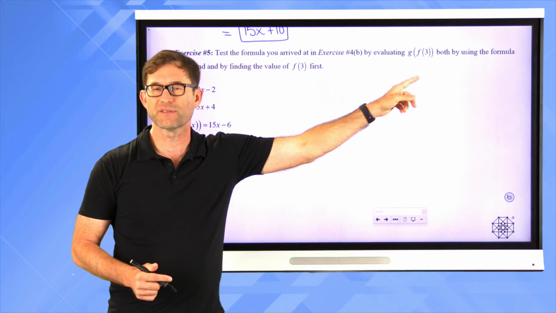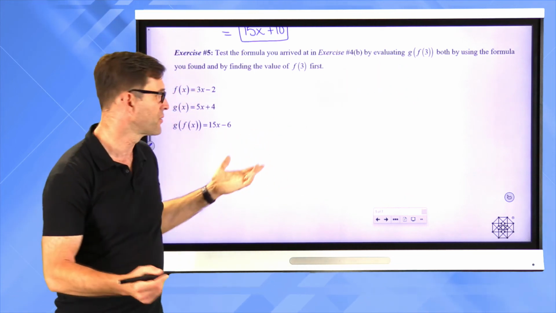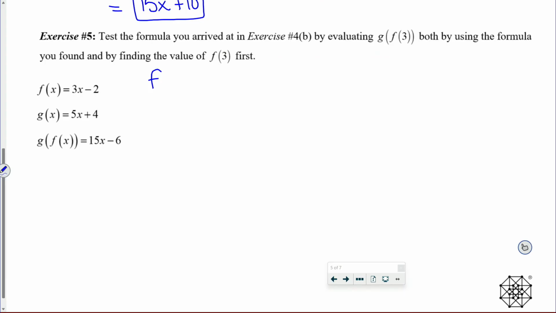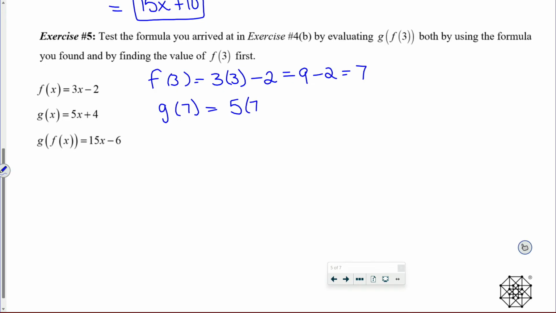First, let's do this the way that we had been doing it at the beginning, right? So in other words, f of 3 is going to be 3 times 3 minus 2, which is 9 minus 2, and that's 7. And g of 7 is going to be 5 times 7 plus 4. That's 35 plus 4, and that's 39.